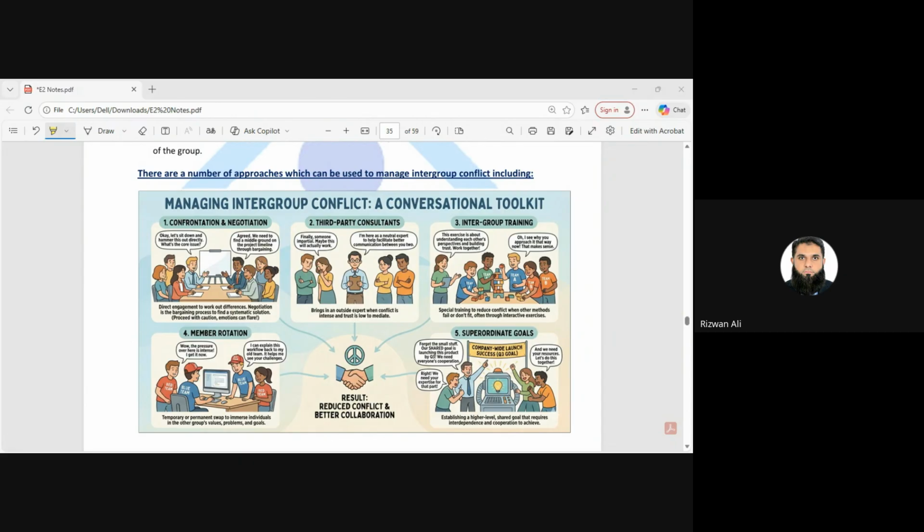So if they are well aligned and their team leaders are good and have built their team well, then definitely it will help them understand who will do what. Otherwise it will be a clash and conflict between the teams.